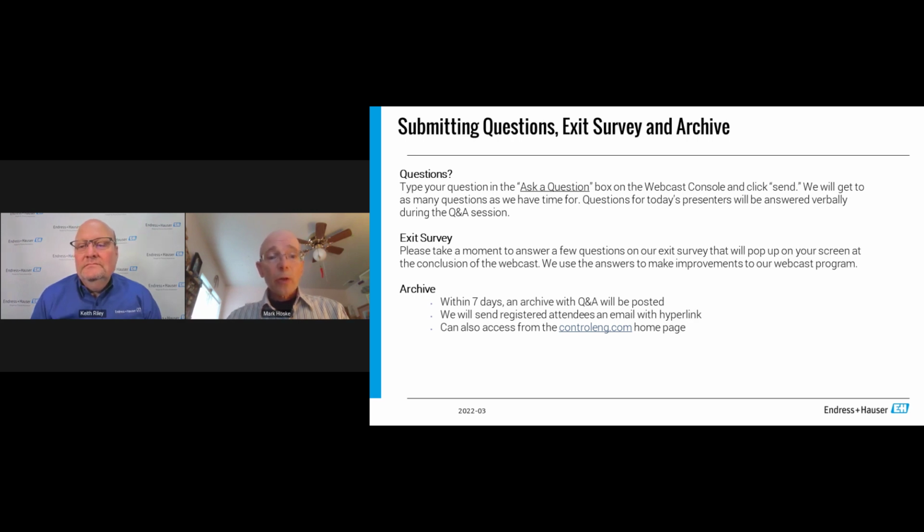Can the monitoring and diagnostics capabilities be added to non-Endress+Hauser instruments? No, okay, we addressed that one. Phrased a different way, what's a typical first installation for someone just starting with diagnostics and monitoring? Honestly, I would say it's probably on a non-critical measurement, because again, there's a learning curve.